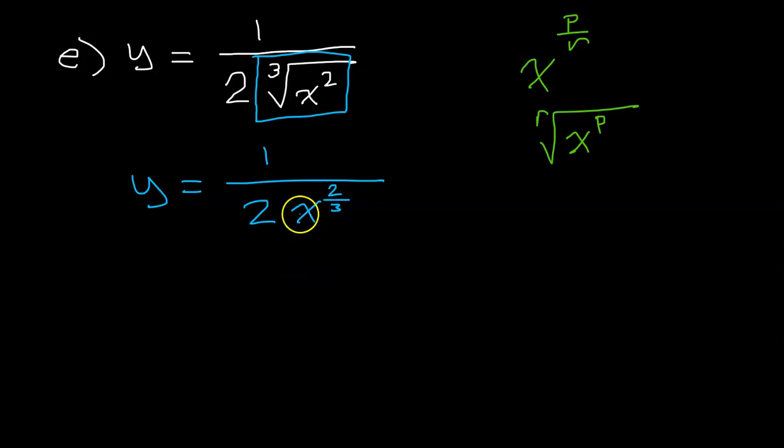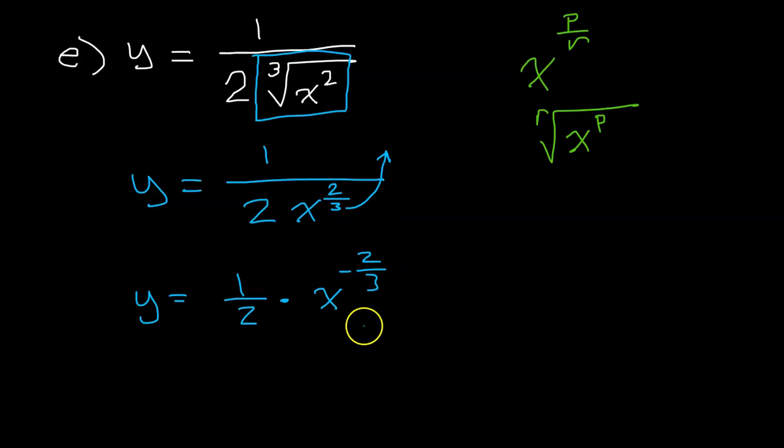Now, because this is in the denominator, this is actually going to be the same thing as having x to the negative 2/3 power. So this would be the same thing as having 1/2 times x to the negative 2/3 power. All right, I sort of moved it out of the denominator and made it a negative.